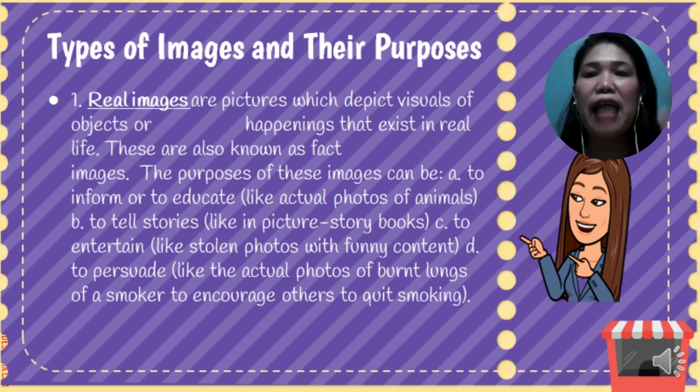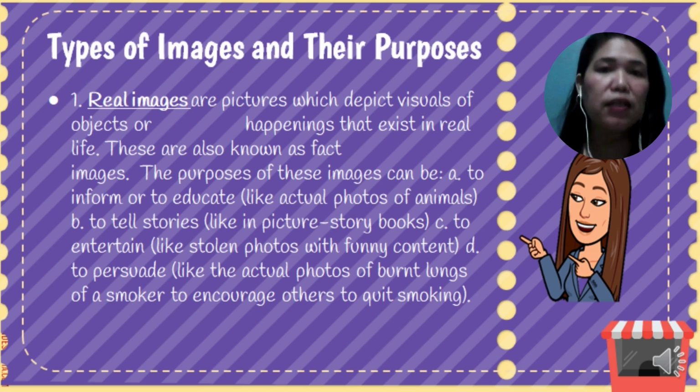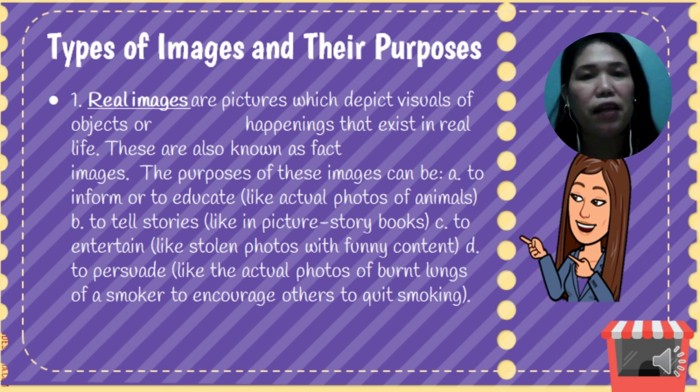So, if it can happen in real life, it is a real image. The purpose of these images can be A, to inform or to educate. It is to educate because it gives us more information about that picture, like actual photos of animals.